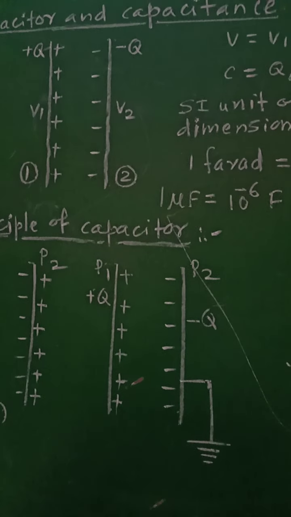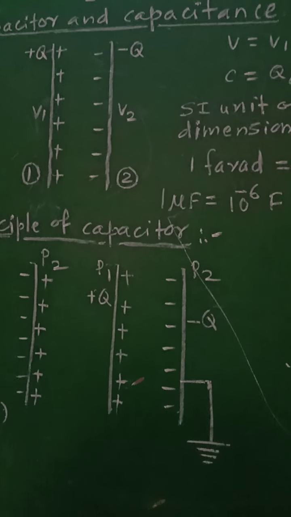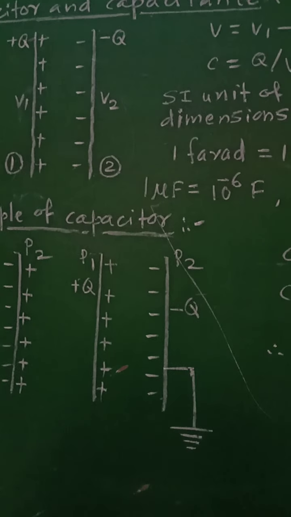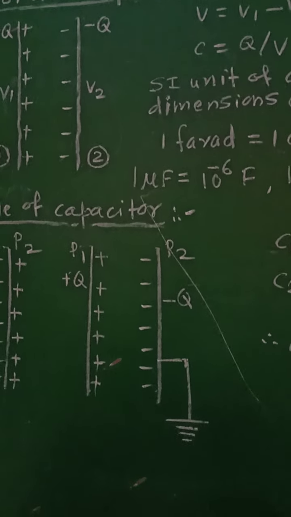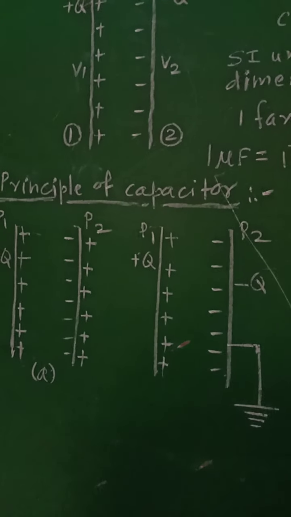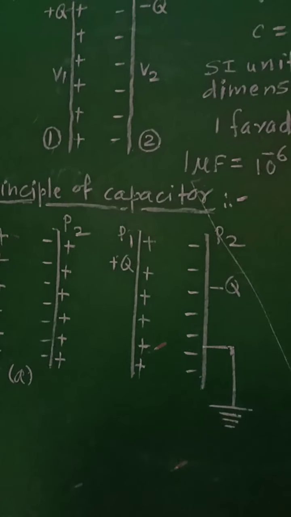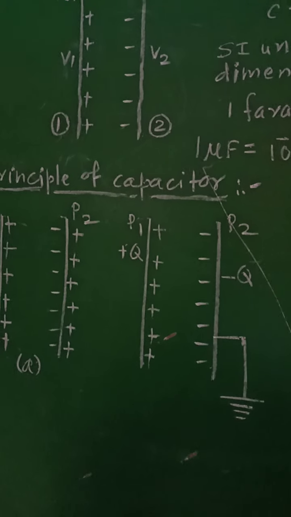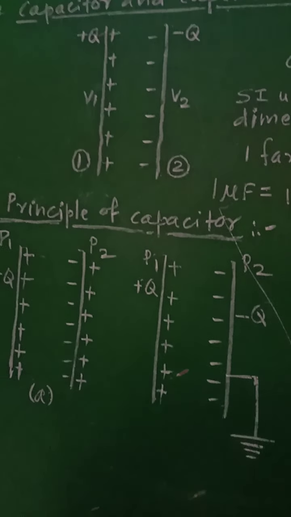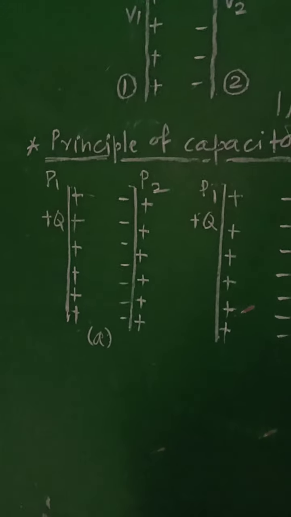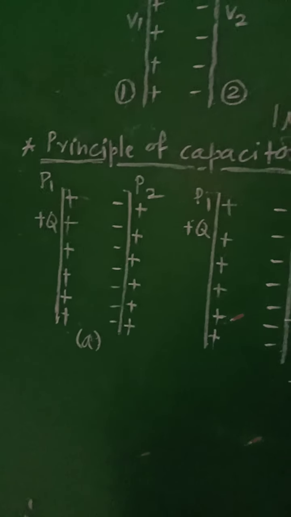The induced negative charge lowers the potential of plate P1, and the induced positive charge raises the potential of plate P1.